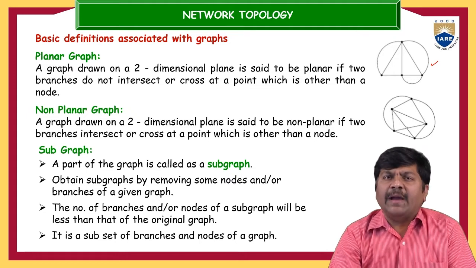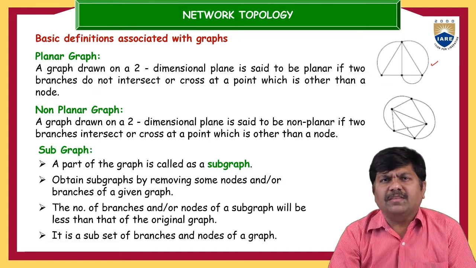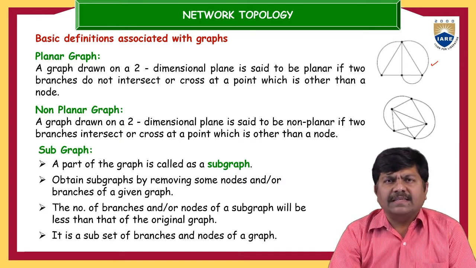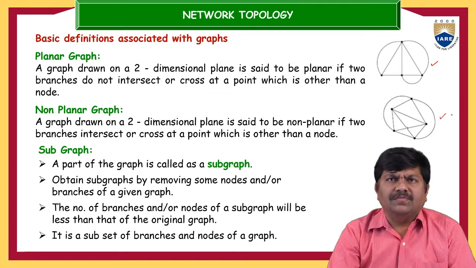If such things happen, those graphs are called non-planar graphs. And if there are no crossovers except at the nodes, then that is a planar graph. So that is the small difference between planar and non-planar graphs. Now we have given two different geometrical orientations of the planar and non-planar graphs.